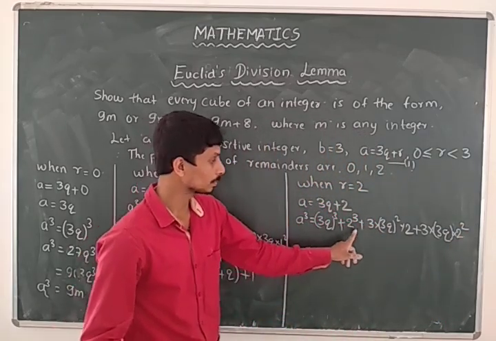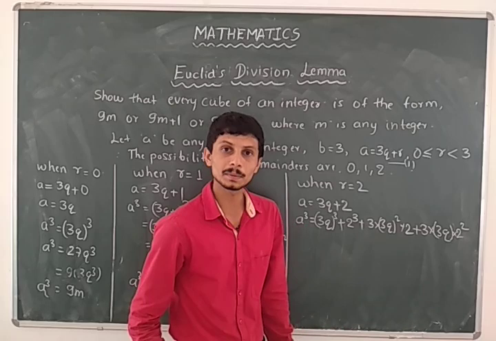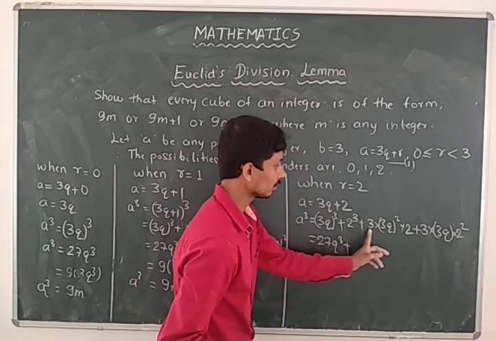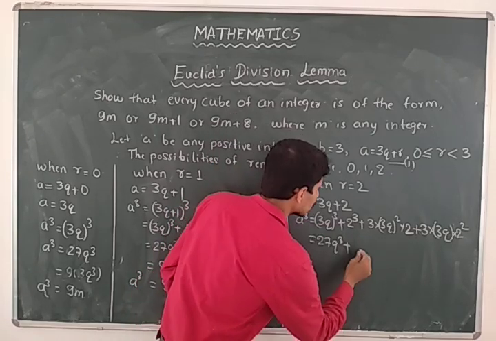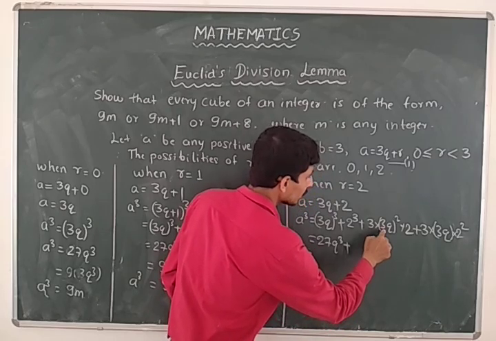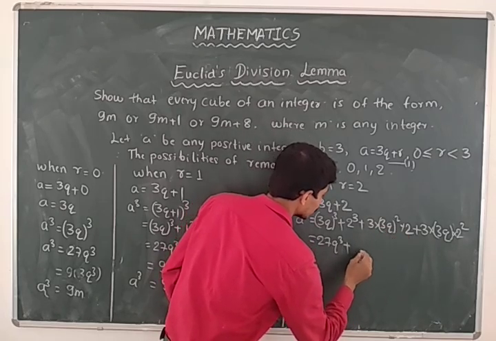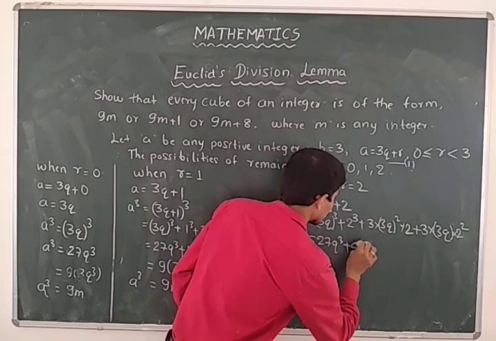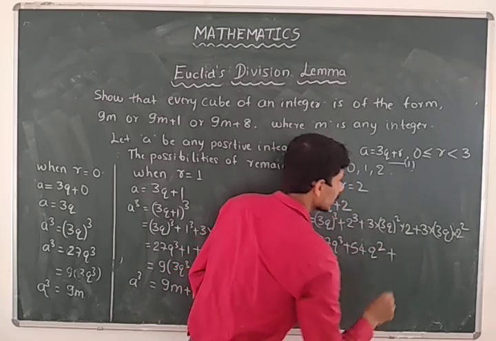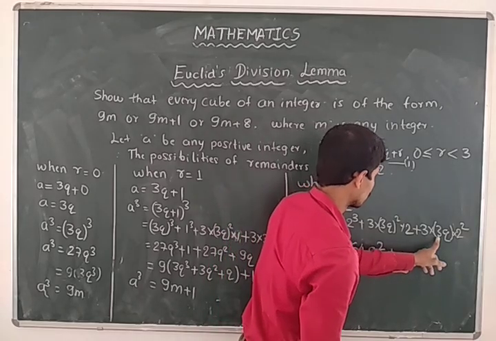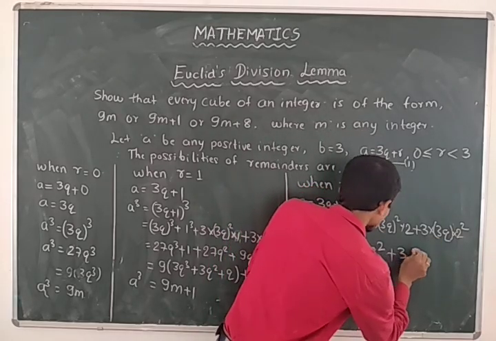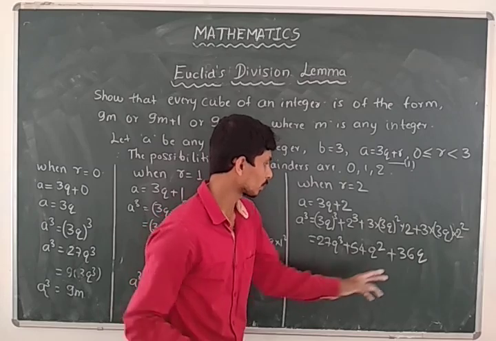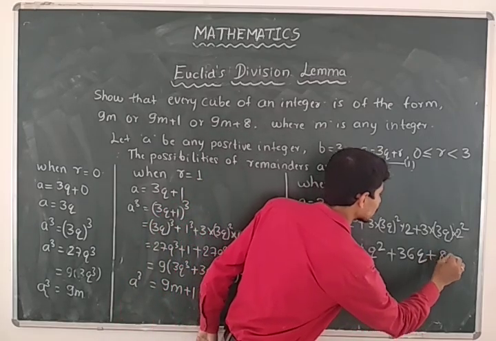Using a cube plus b cube plus 3a square b plus 3ab square, it can be written as 27q cube plus 54q square plus 36q, plus 2 cube, which is 8.